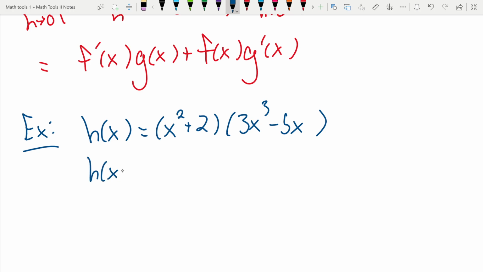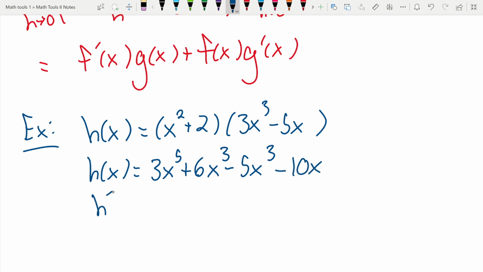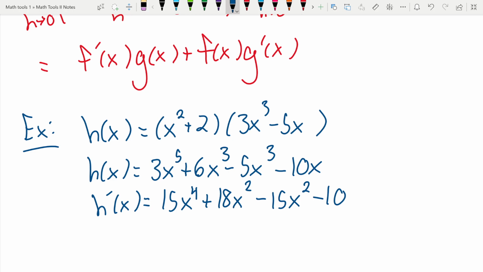So let's go ahead and multiply this out first. So this is going to be 3x to the 5th plus 6x to the 3rd minus 5x to the 3rd minus 10x. Okay, so h prime of x is going to be 15x to the 4th plus 18x squared minus 15x squared minus 10.